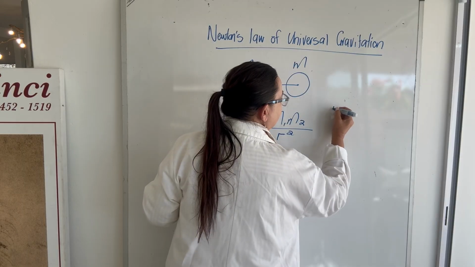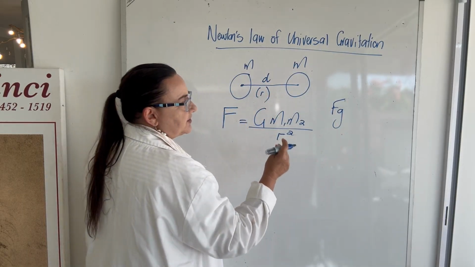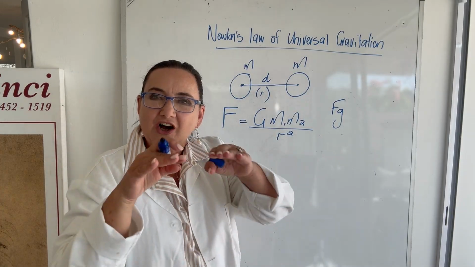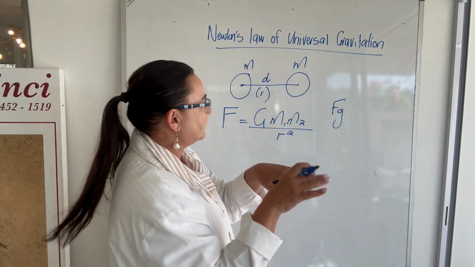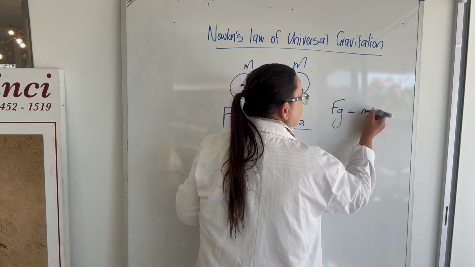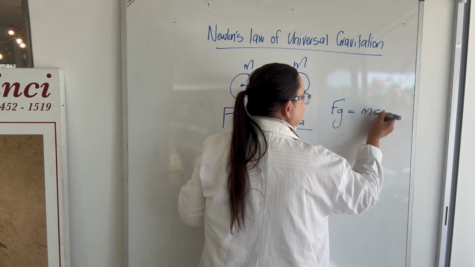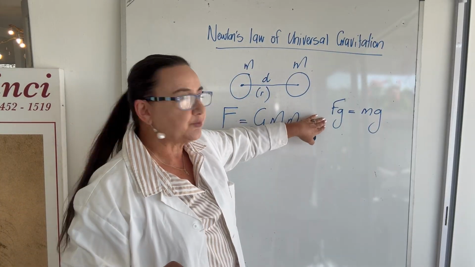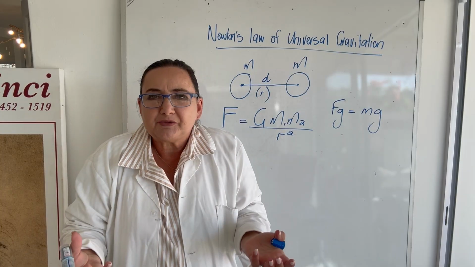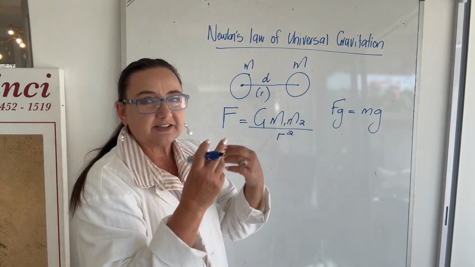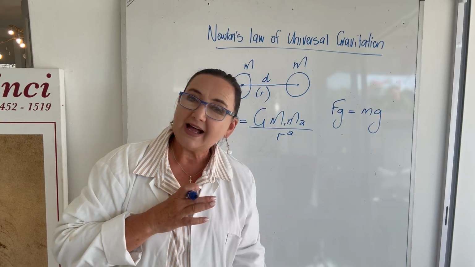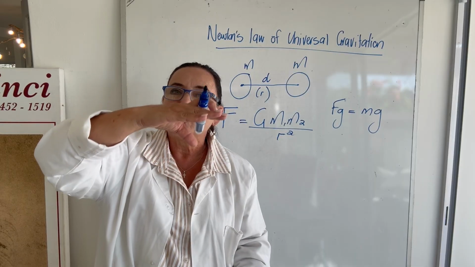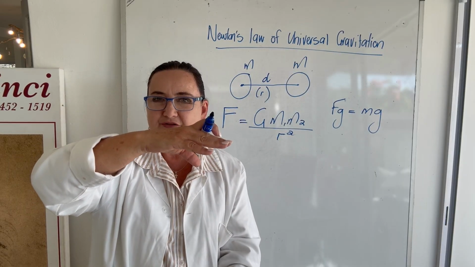So there's also Fg, which is the gravitational force working onto an object on the surface of Earth, which equals your mass times gravitational acceleration. And we call that one weight. But it's the same thing, it's two objects. It's me standing on the Earth and it is Earth. So it's two objects, there's a gravitational force working between the two of us.